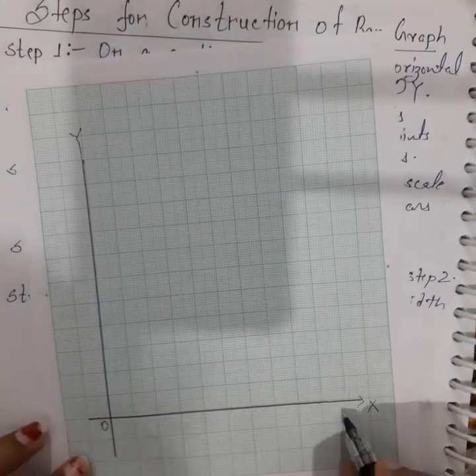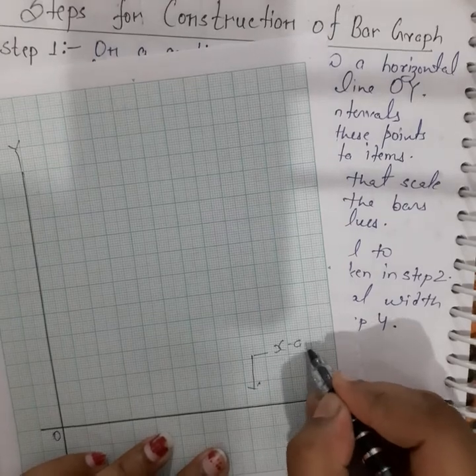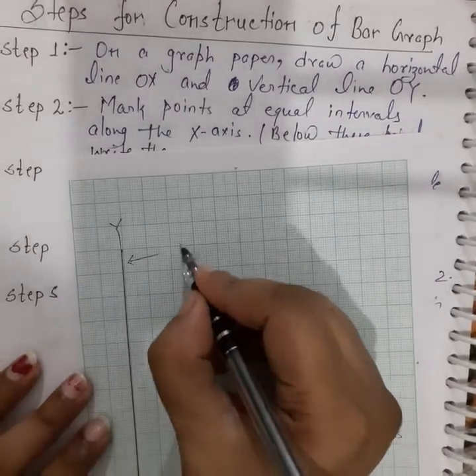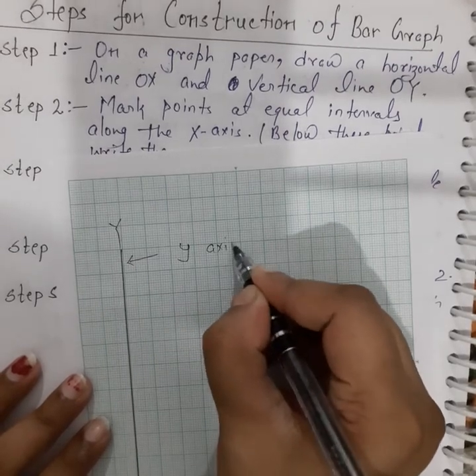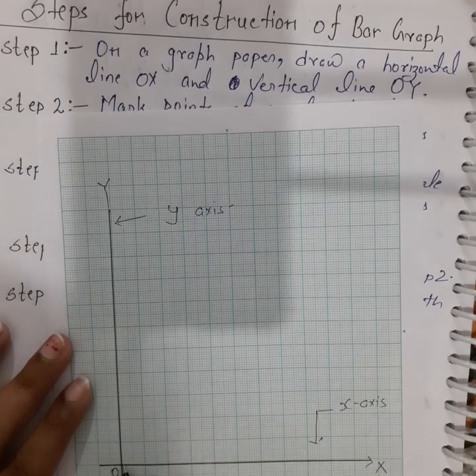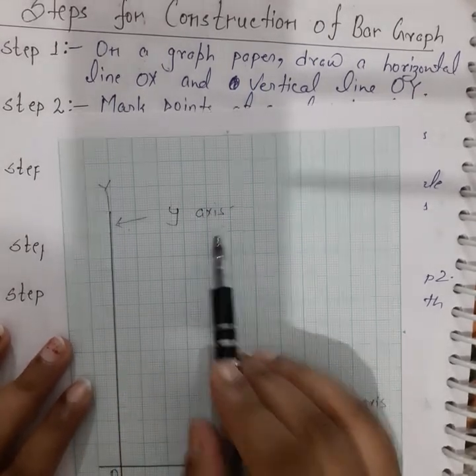The horizontal line is called the x-axis and the vertical line is called the y-axis.